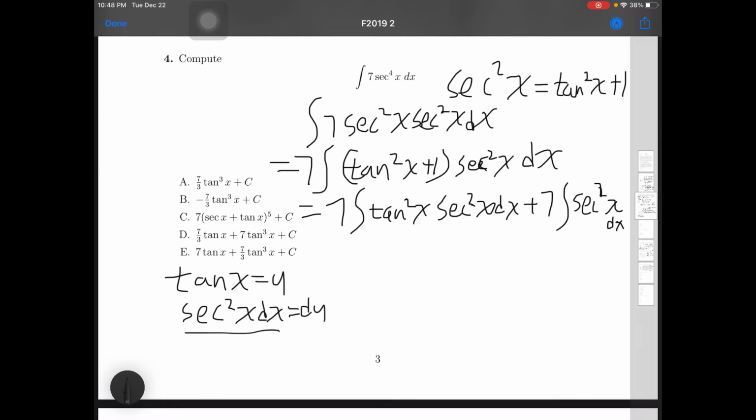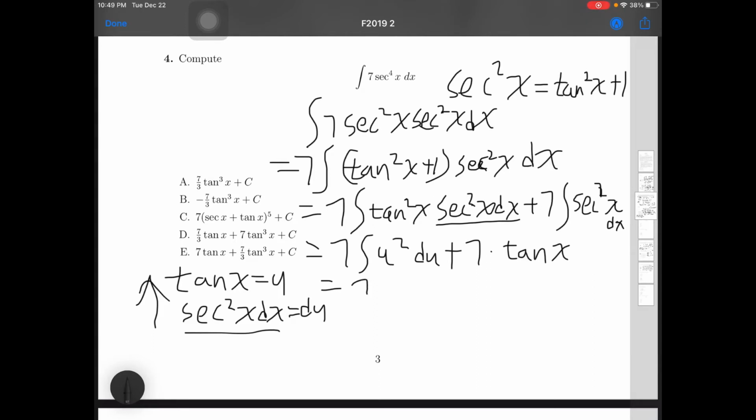We can substitute this right here, getting 7 u squared du plus 7 times secant squared. The integral of secant squared is just tangent x. So then here will just be 7 over 3 u to the 3rd plus 7 tangent x.